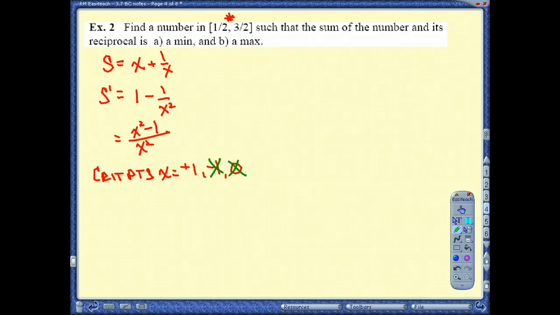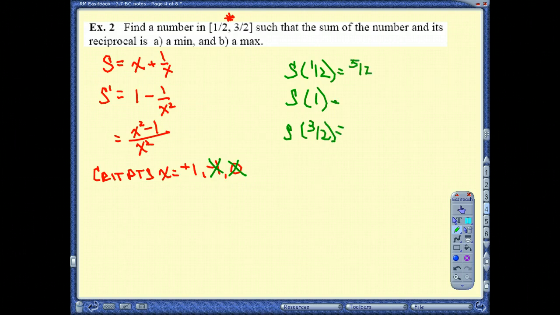Now remember, on a closed interval, those absolutes are going to happen at endpoints and at critical points. So we're going to put in our 1/2, we're going to put in our 1, and we're going to put in our 3/2 and see who's the winner. So when I put in 1/2, I get 5/2. When I put in 1, I get 2.